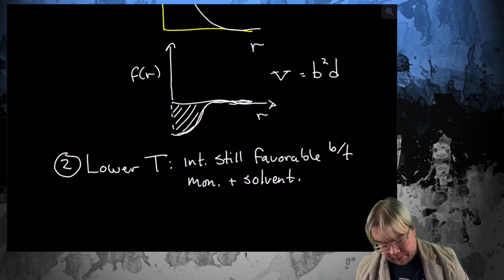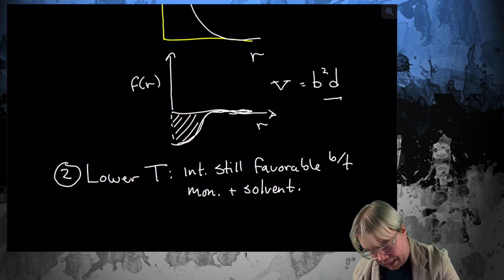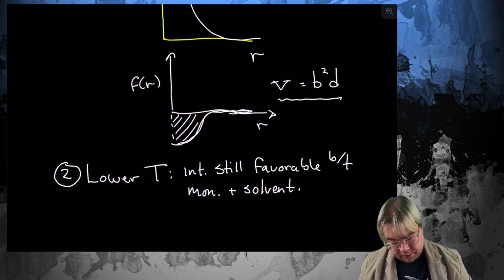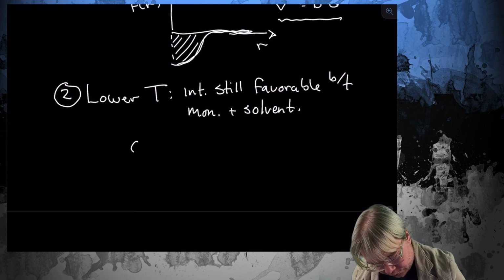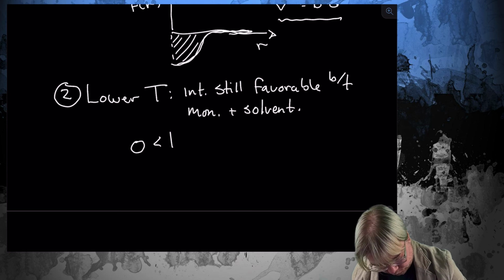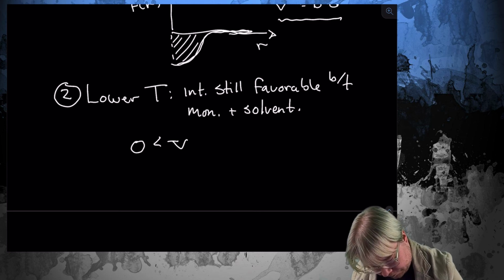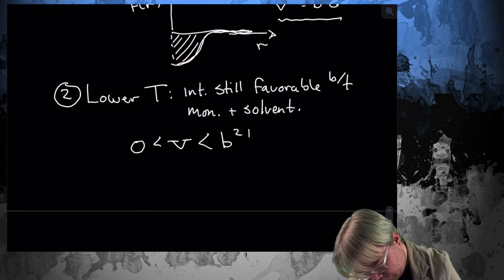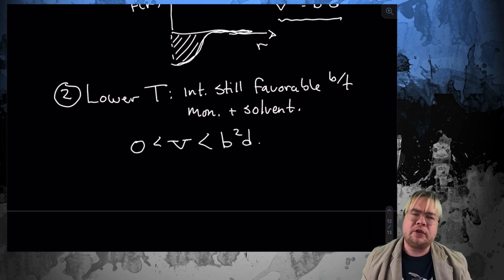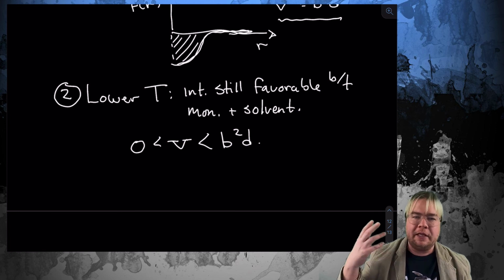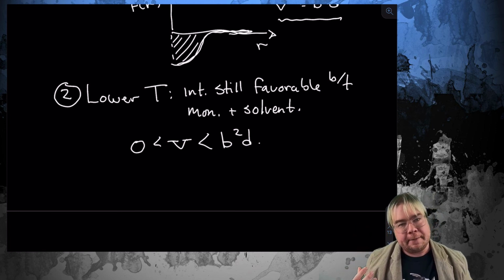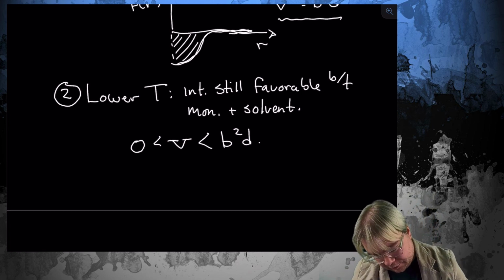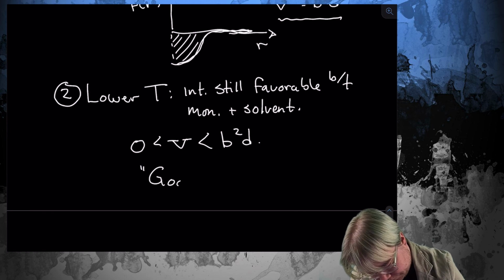So the excluded volume is still going to be positive, but it won't be as high as that. So what this means is that the excluded volume will be greater than 0, but it's going to be less than B squared D. Okay, so it's going to be somewhere between 0 and the limiting maximum value of B squared D. And so this is what we call a good solvent.